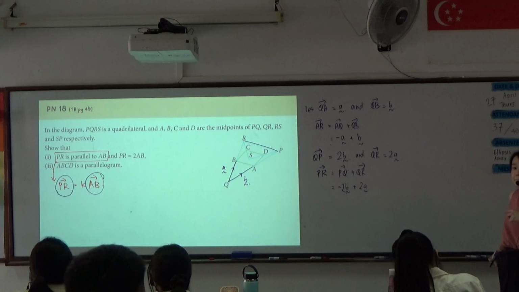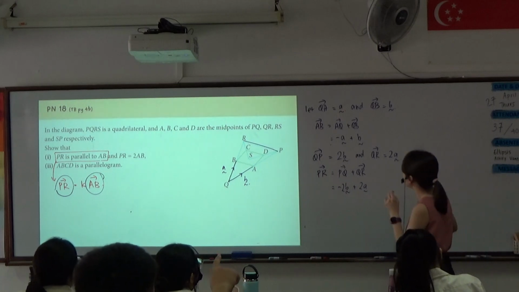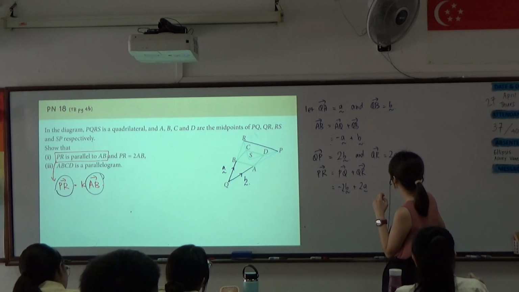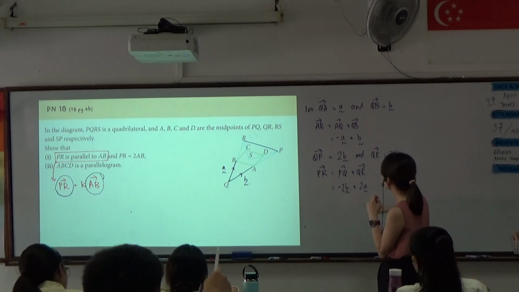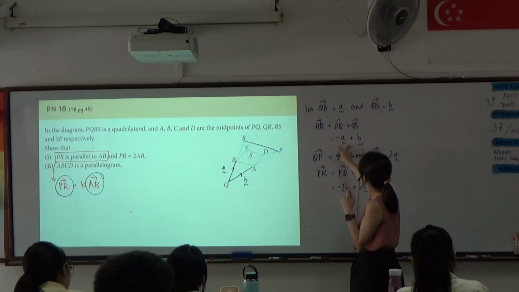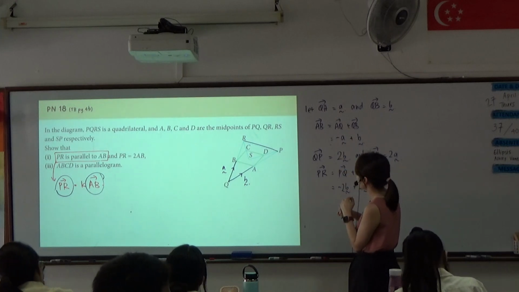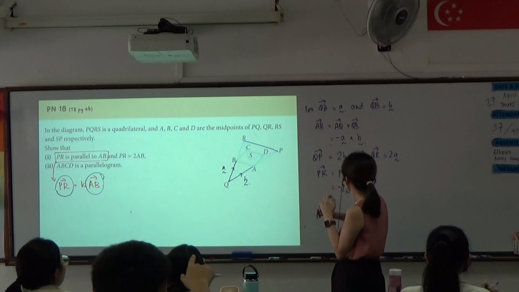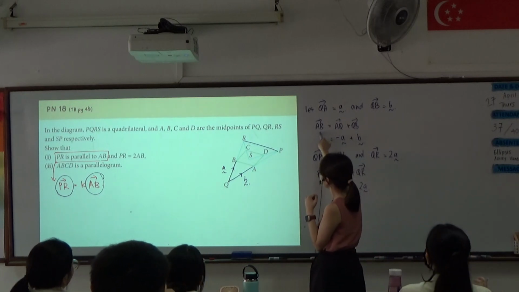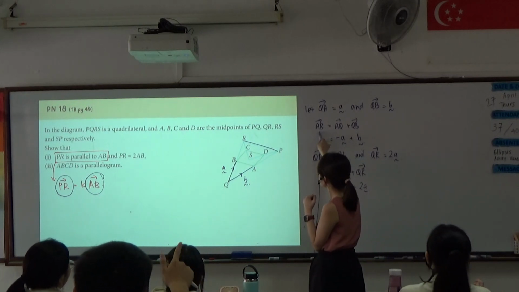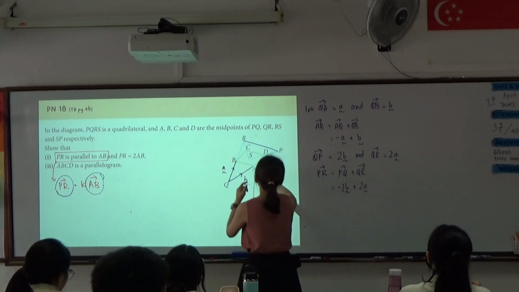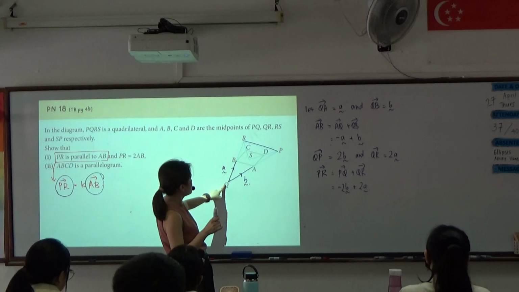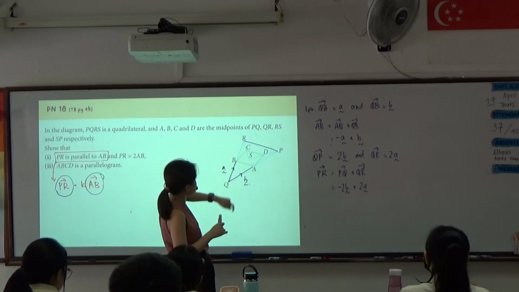A student asks about AB: A to Q is negative A and Q to B is positive B, so AB is negative A plus B. Yes.